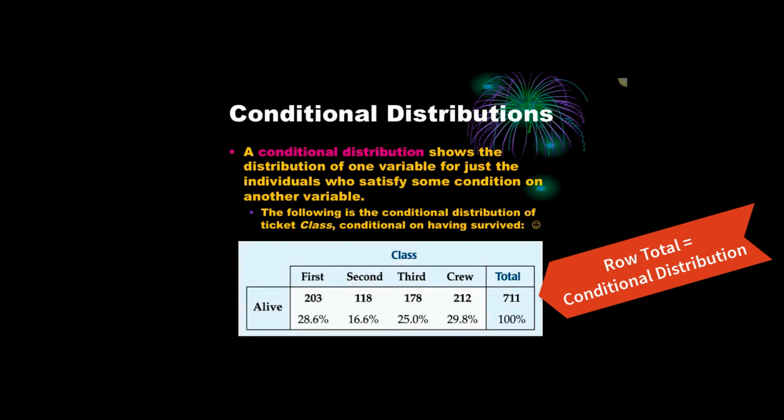These are also called row percentages because you're using the row. Row percentages, when you go across in a row, should add up to 100%. You could do the same thing going down in columns. Those would be called column percentages, and all the percents in the columns should add up to 100%.